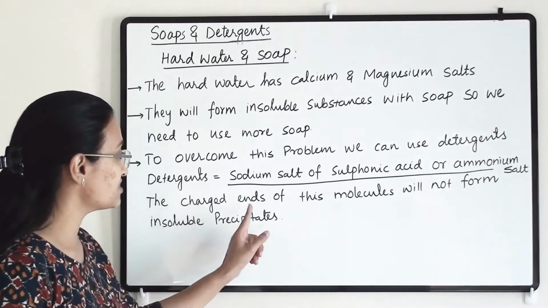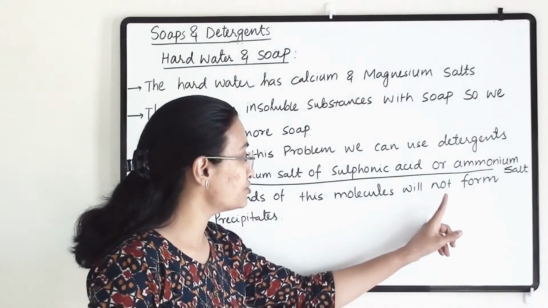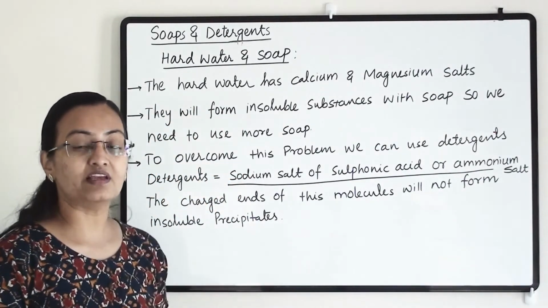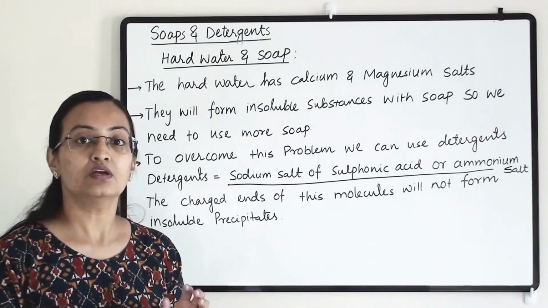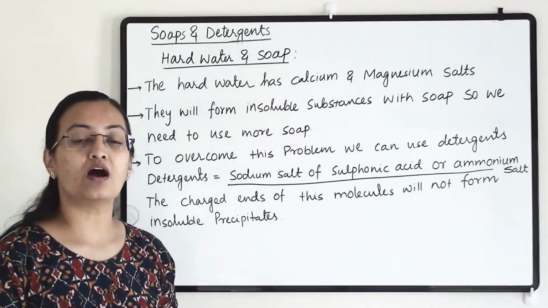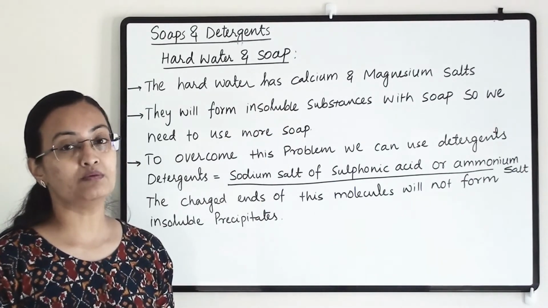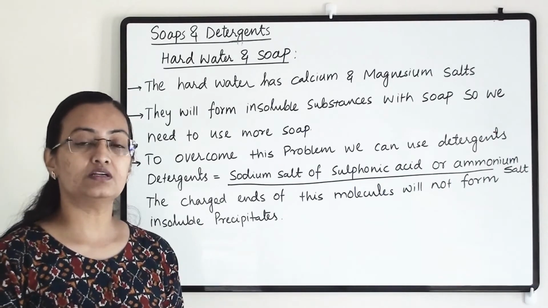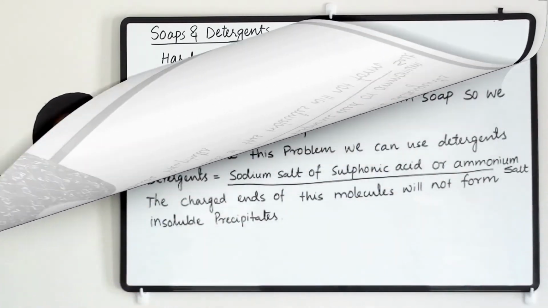Those charged ends of these molecules will not form any kind of insoluble precipitate. So they will give us proper cleaning action with less detergent. Whereas if we use soap along with hard water, we have to use probably more soap and it will be a waste of soap. So using a detergent is a wise choice.